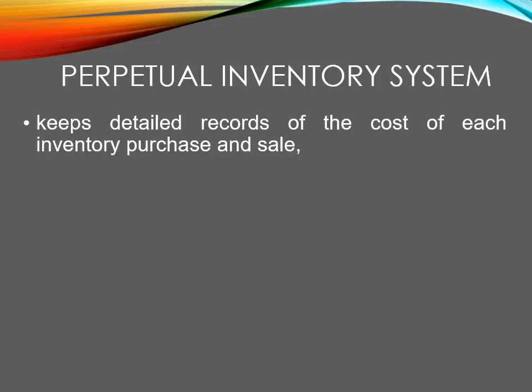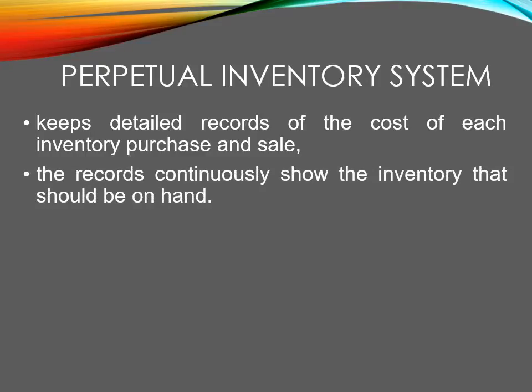So every item will be monitored or tracked by the system, and the records will continuously show the inventories on hand, so the information can be extracted in time, how many are on hand.